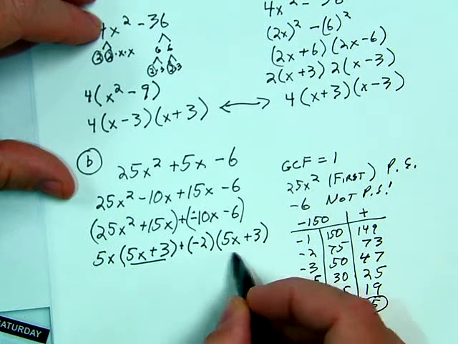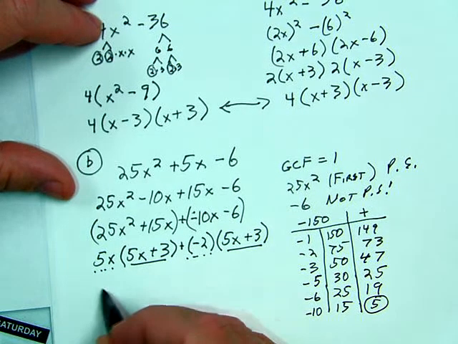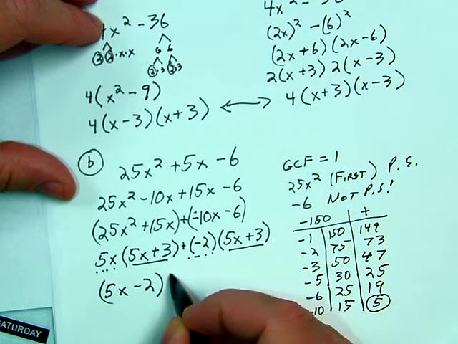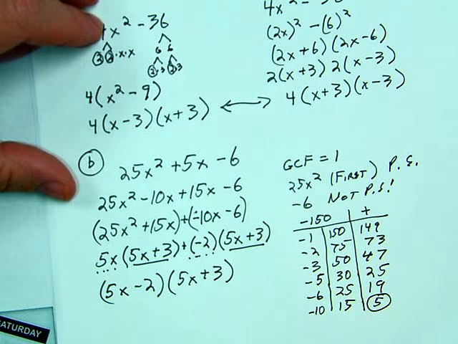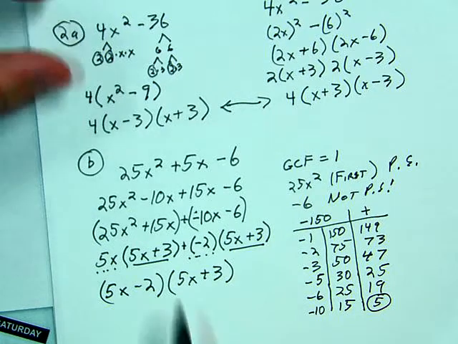So now that this and this are the same, that means I can combine that and that. So I combine them, 5x minus 2 times 5x plus 3. And that is my final factoring of this original problem.